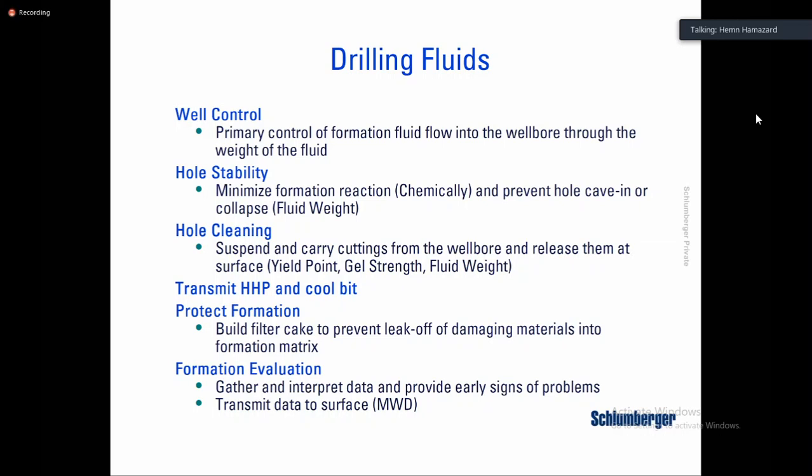So when the bit is hitting it, and you are aggressive to get a higher rate of penetration, you want to drill the well as soon as possible, then you are creating a lot of heat on the bit. So the mud can cool down the bit and the other components. Protect the formation.